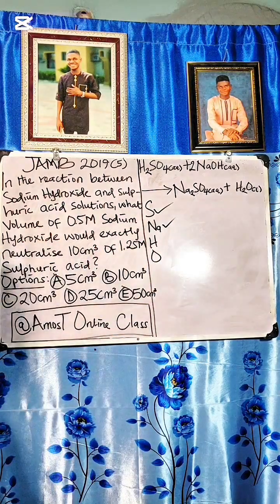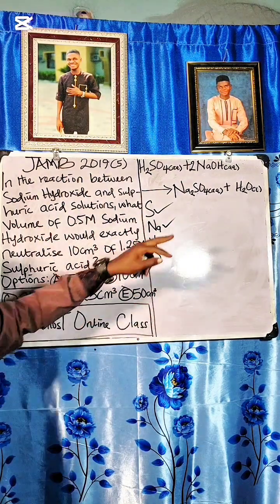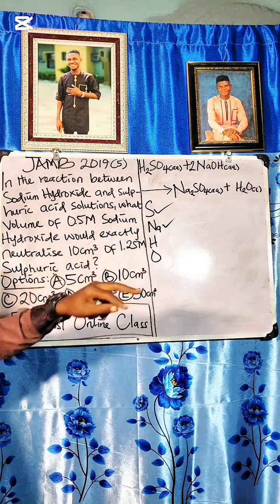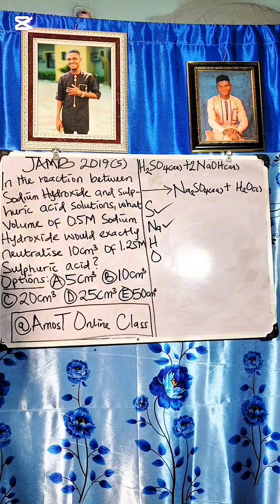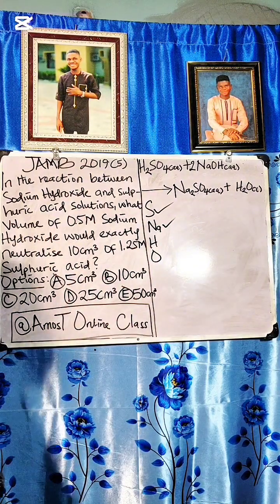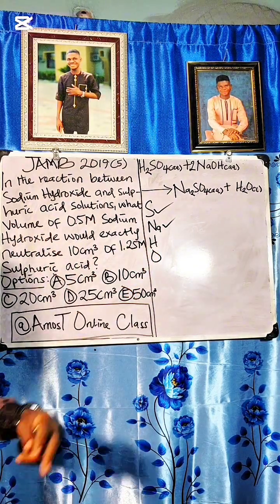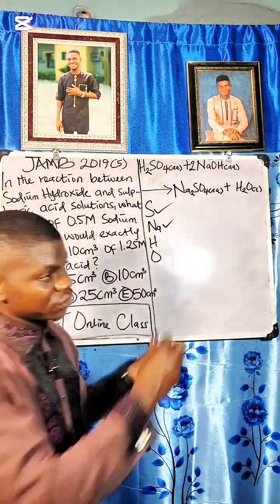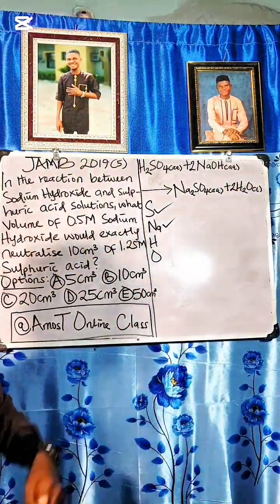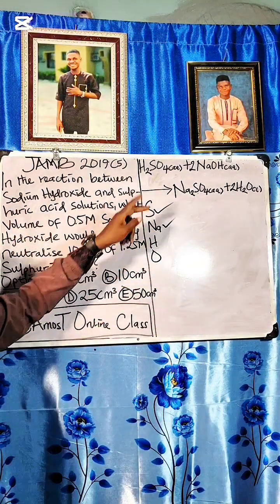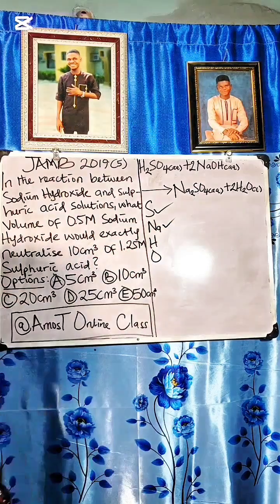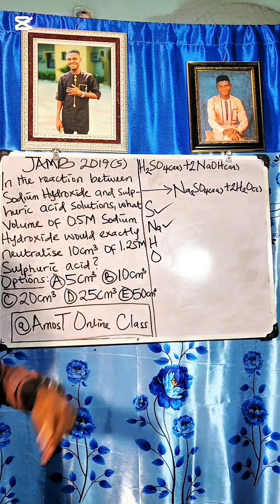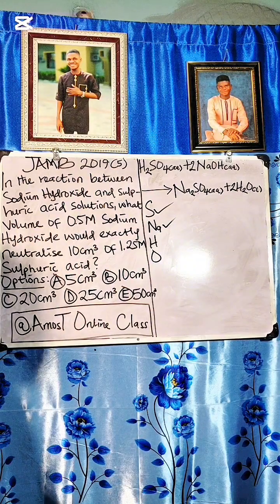Now from the product side, we have 2 atoms of hydrogen in water. So hydrogen is not balanced. So we're going to introduce 2 here. So 2 times 2 will give us 4. So we have 4 atoms of hydrogen from the product side and 4 atoms of hydrogen from the reactant side. So hydrogen is balanced.